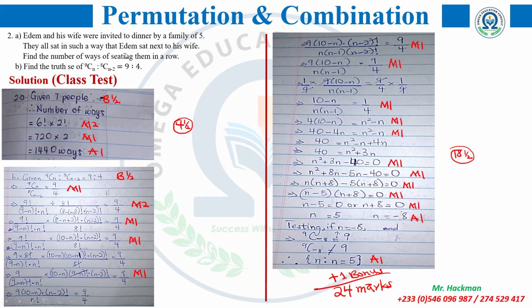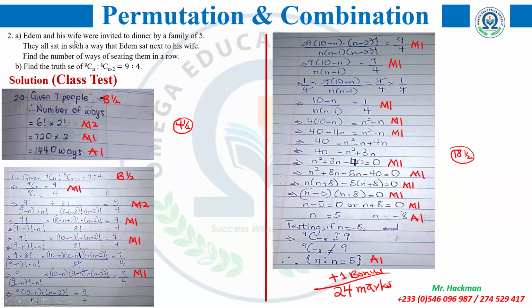Here, the restriction is that the seating is supposed to be done in such a way that Adam and his wife must be together. So it's like 7 people that you seat in such a way that 2 particular people must be together, only that here, the 2 particular people are Adam and the wife.